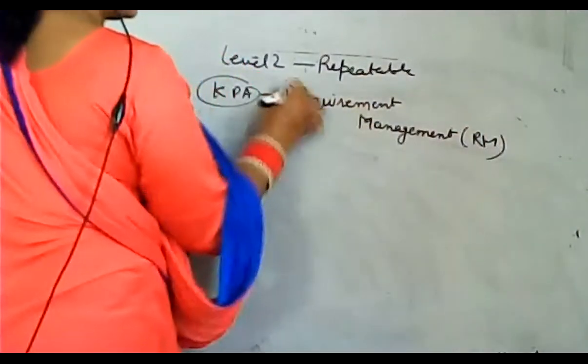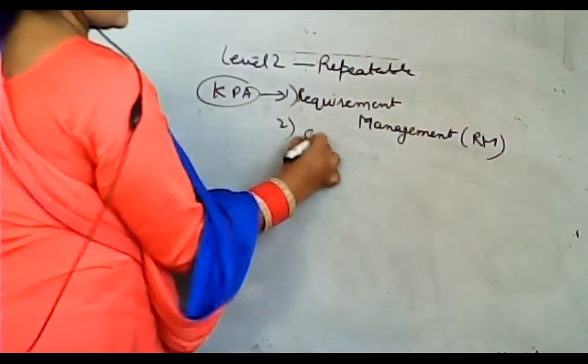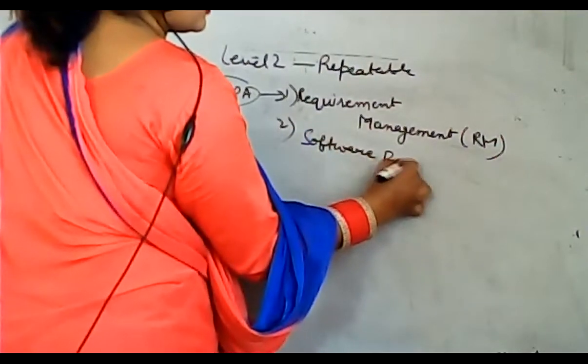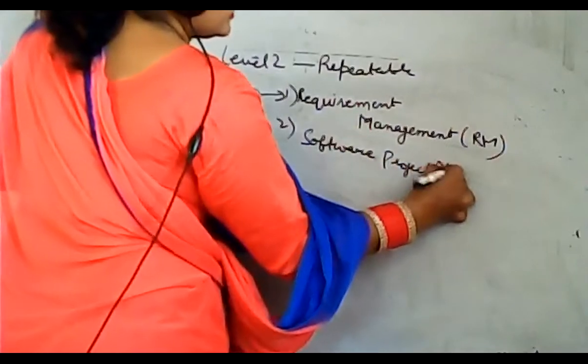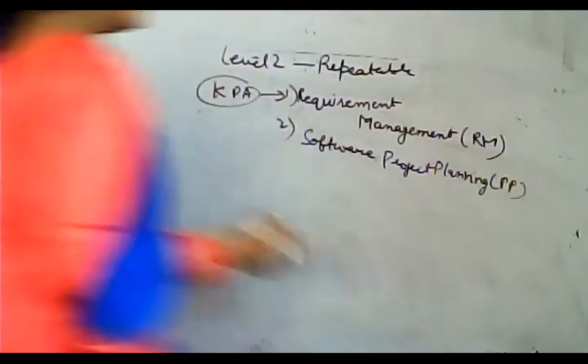This is one key process area. Another one is software project planning, PP.